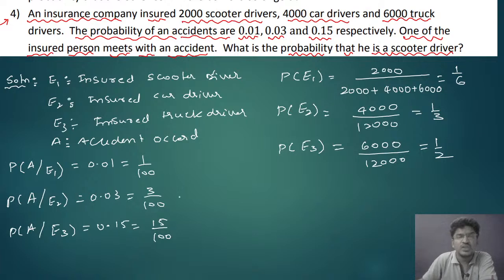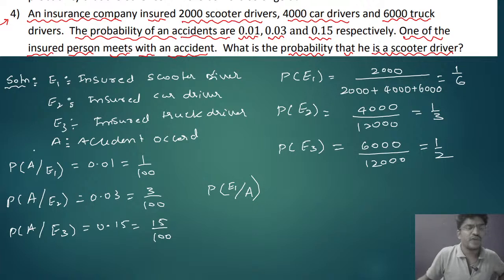Now we have to calculate the probability that the accident has already happened and it is for the scooter driver.